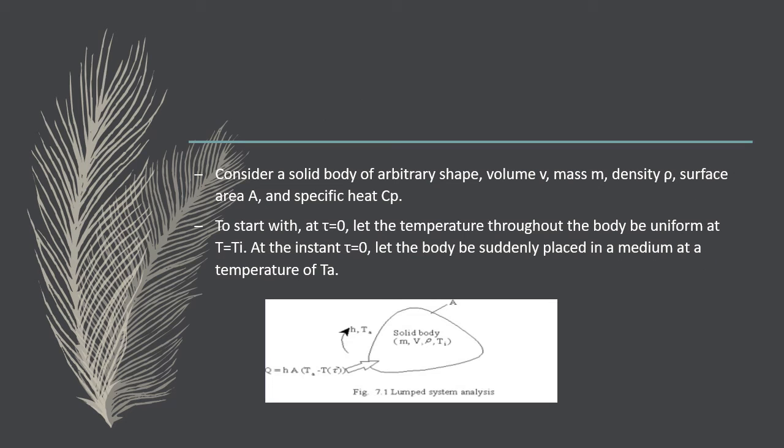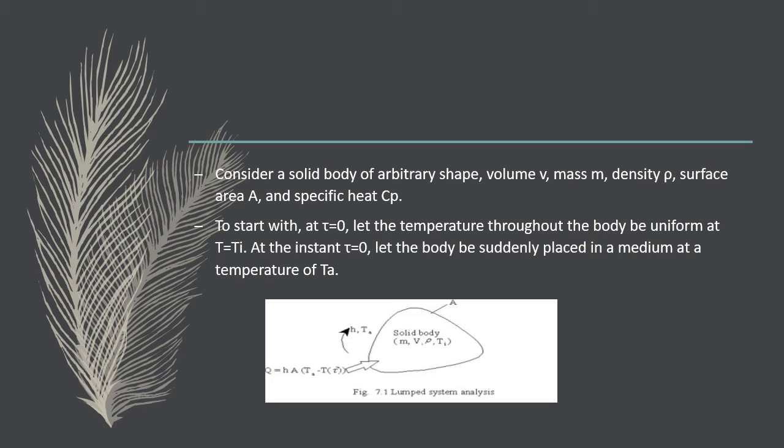Consider a solid body of arbitrary shape, volume V, mass m, density rho, surface area capital A, and specific heat Cp. To start with, at tau equals 0, let the temperature throughout the body be uniform at T equals Ti, that is the initial temperature.